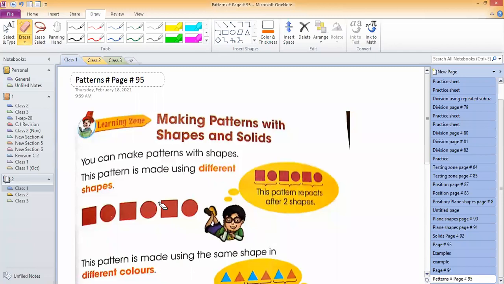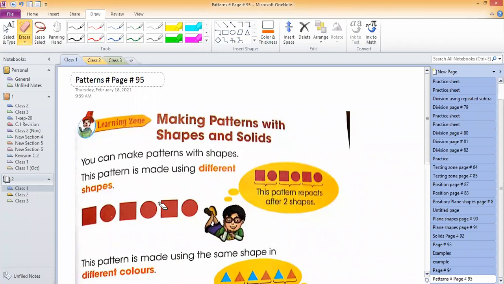If you look at some clothes, like your shirts, you can find check patterns, different patterns in clothes, in bed sheets, in designs. So you can find patterns everywhere. What is a pattern? A pattern is a repeated form, a repeated design.